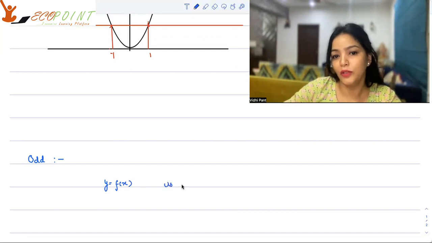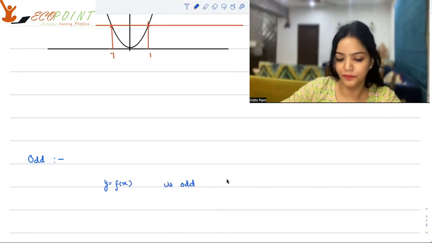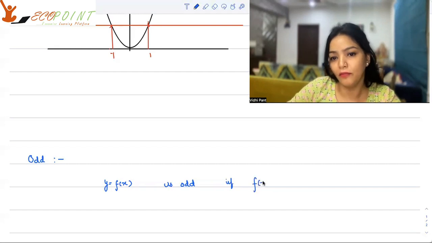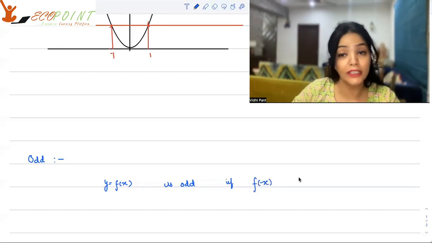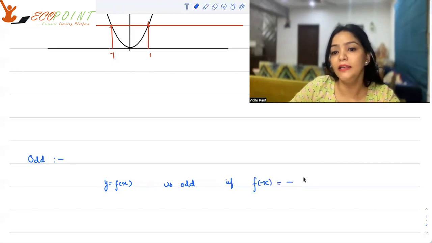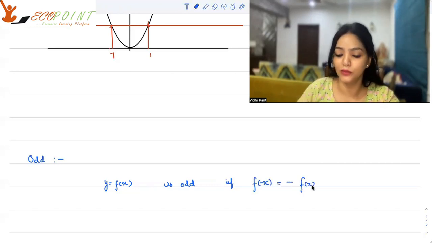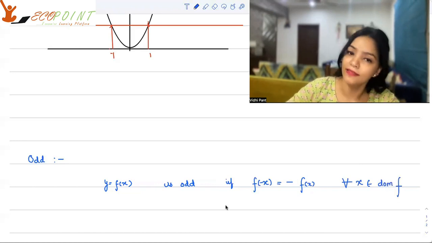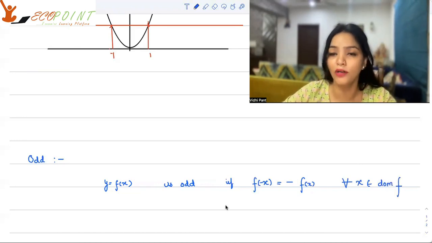This function will be called odd if f(-x), when you put the input minus x instead of x, gives minus f(x) as a result, and that's happening for all x belonging to the domain of this function. Then this function is called an odd function.